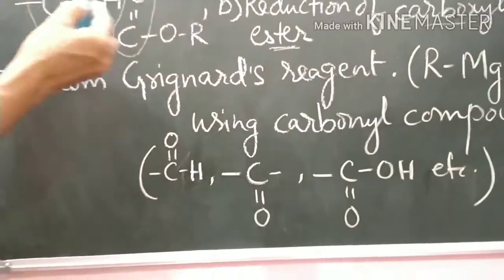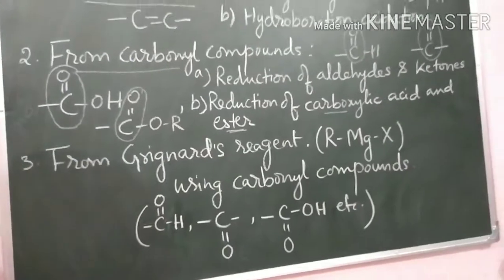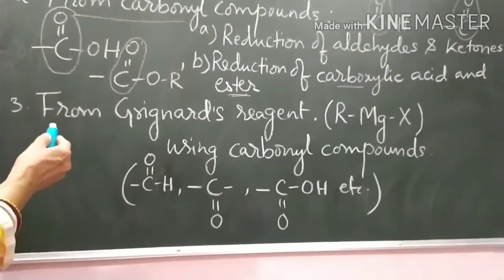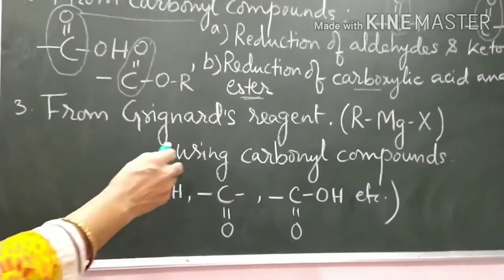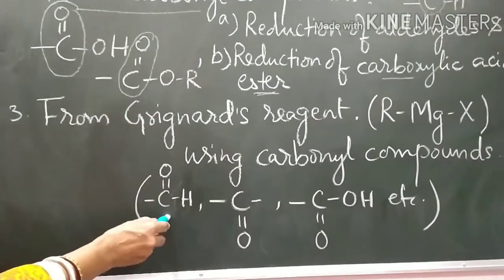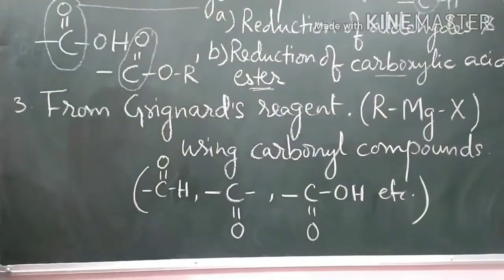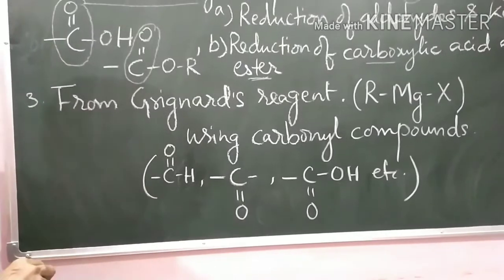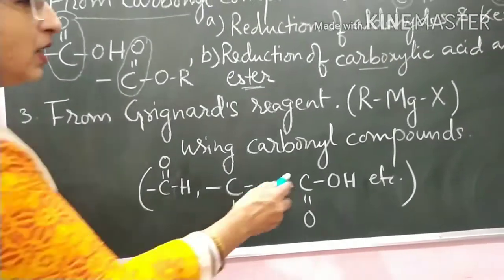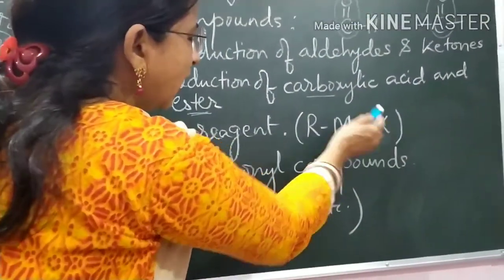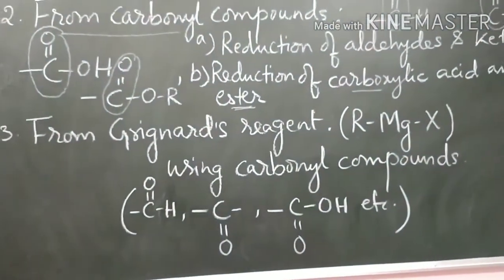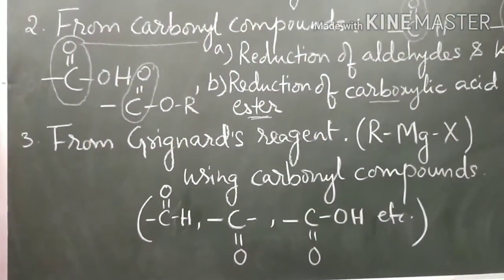Then these carbonyl compounds react with Grignard's reagent. The third method is from Grignard's reagent, when a carbonyl compound like aldehyde, ketone or carboxylic acid reacts with Grignard's reagent. What is Grignard's reagent? RMgX is called Grignard's reagent. This is the general form of Grignard's reagent.